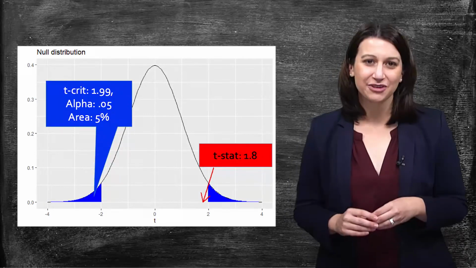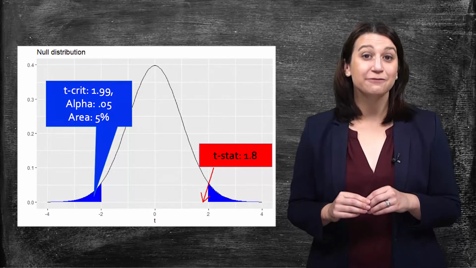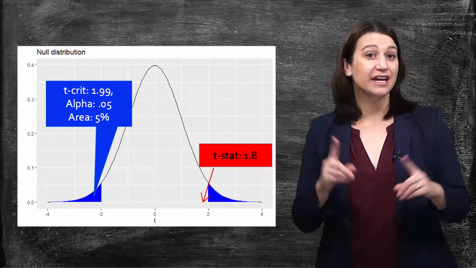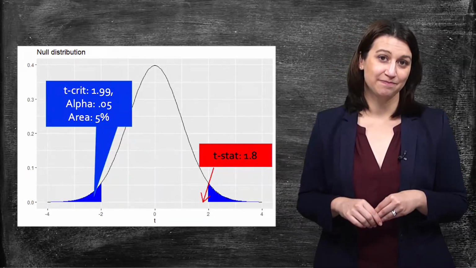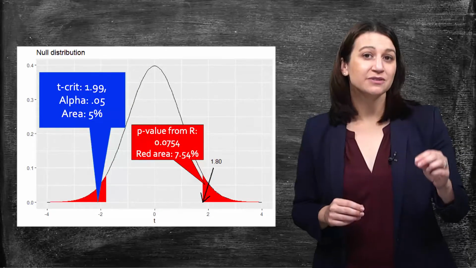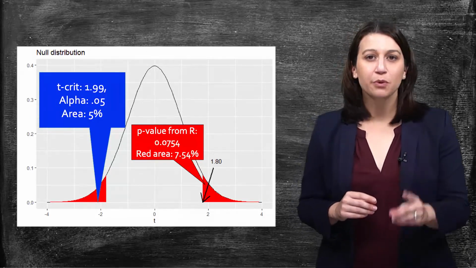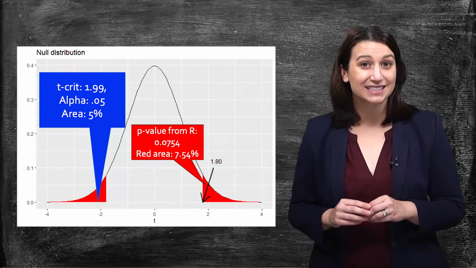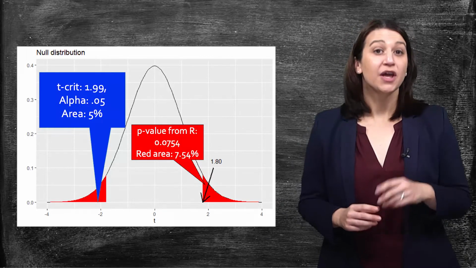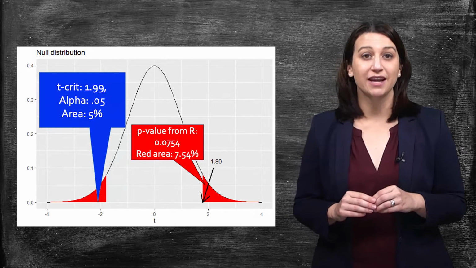P-values can only be calculated with technology and are found by first calculating the t-statistic for our sample, then using that and the degrees of freedom to calculate the area beyond our t-statistic. For our t-statistic, we get a value of 0.075 for our p-value. That means we expect that 7.5% of all t-statistics are as or more extreme than our t-statistic, or that the red area on this chart marks off 7.5% of the distribution.